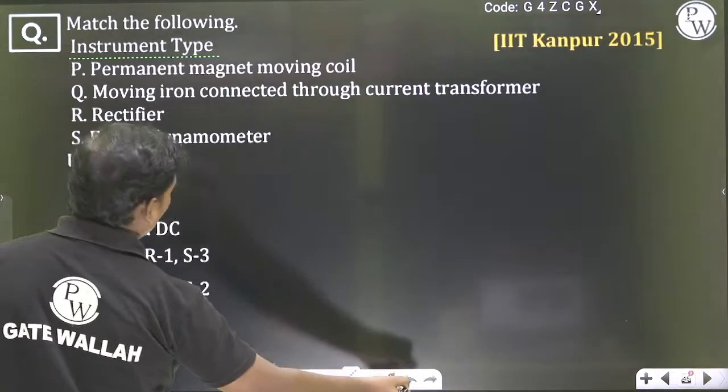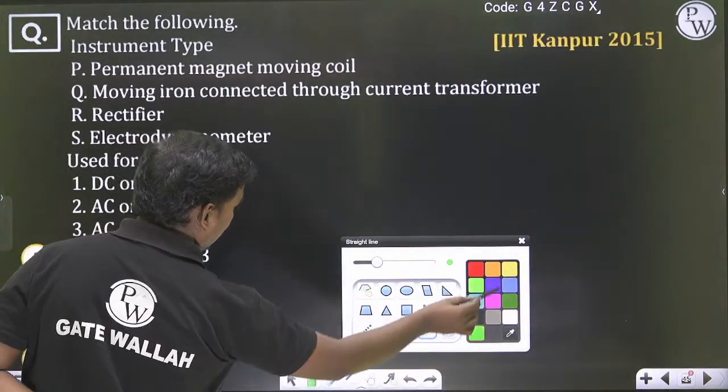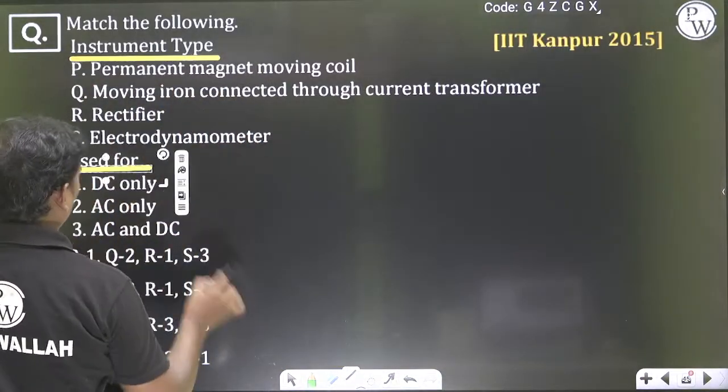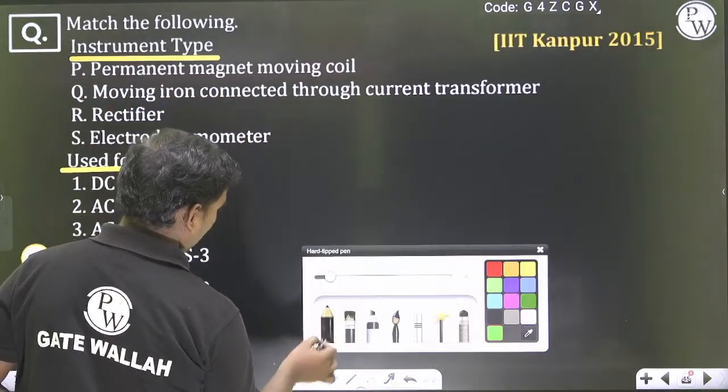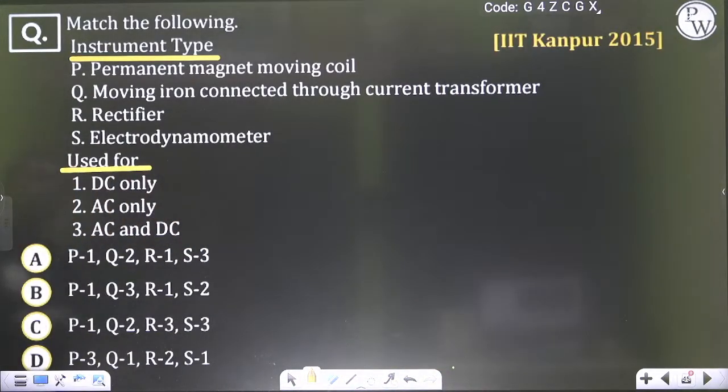One is the application, the other is the instrument type. The instrument types are P, permanent magnet moving coil, moving iron connected through current transformer, rectifier, and electrodynamometer, used for DC only, AC only, and AC and DC.